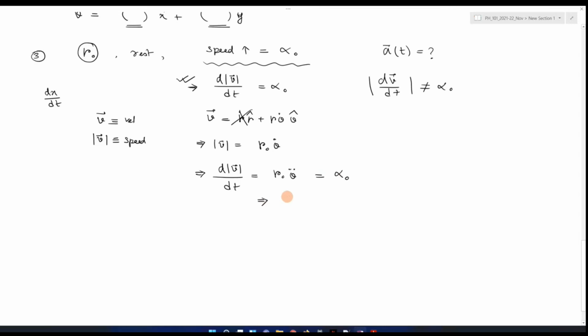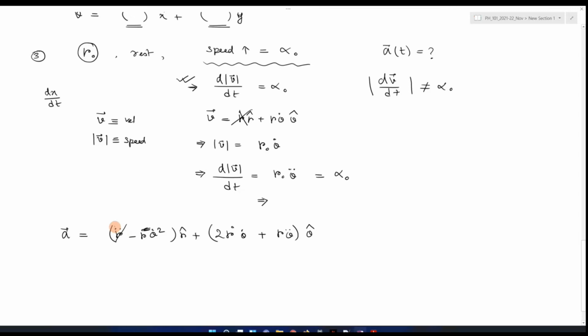Now what do we need? We need acceleration. Acceleration will be equal to r double dot minus r theta dot square r cap plus 2 r dot theta dot plus r theta double dot theta cap.